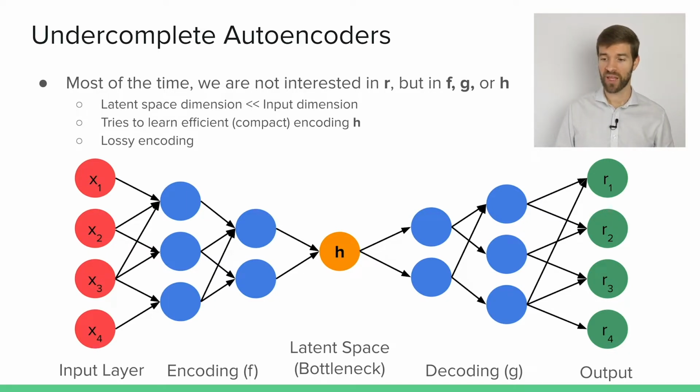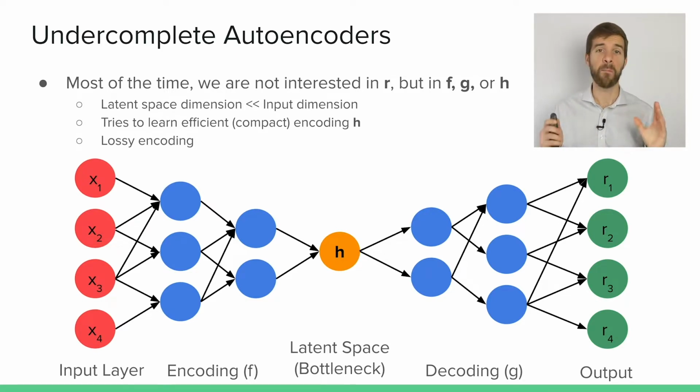So typically, by saying an under-complete autoencoder, we mean a latent space dimension, this h, how we represent our input in the middle of this network, that has a much smaller dimensionality than the input.